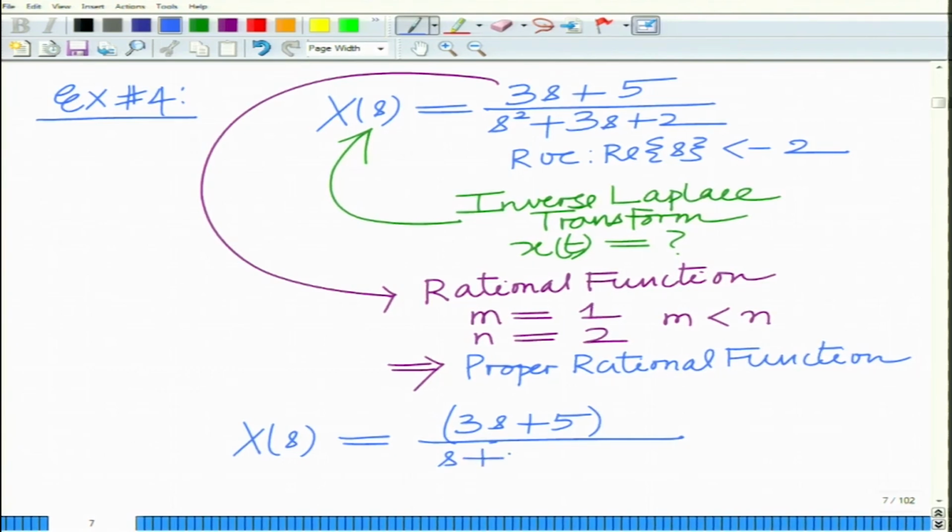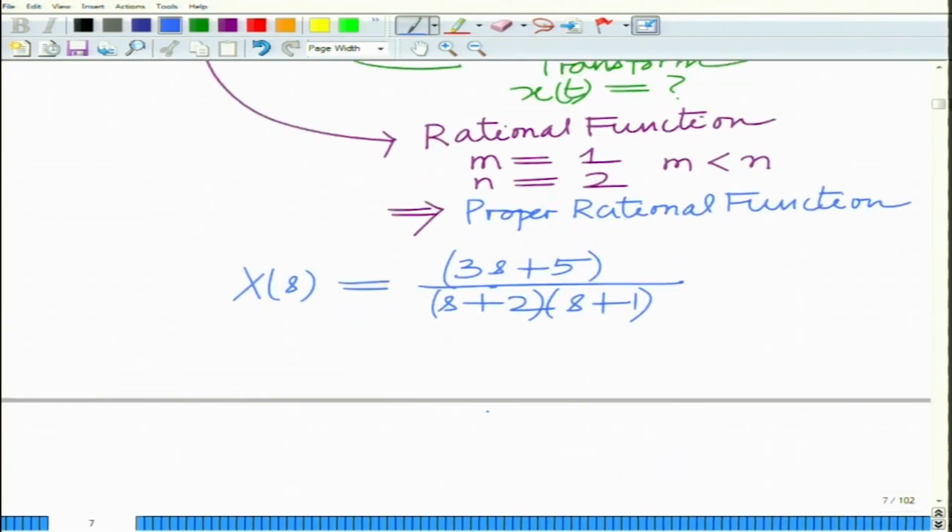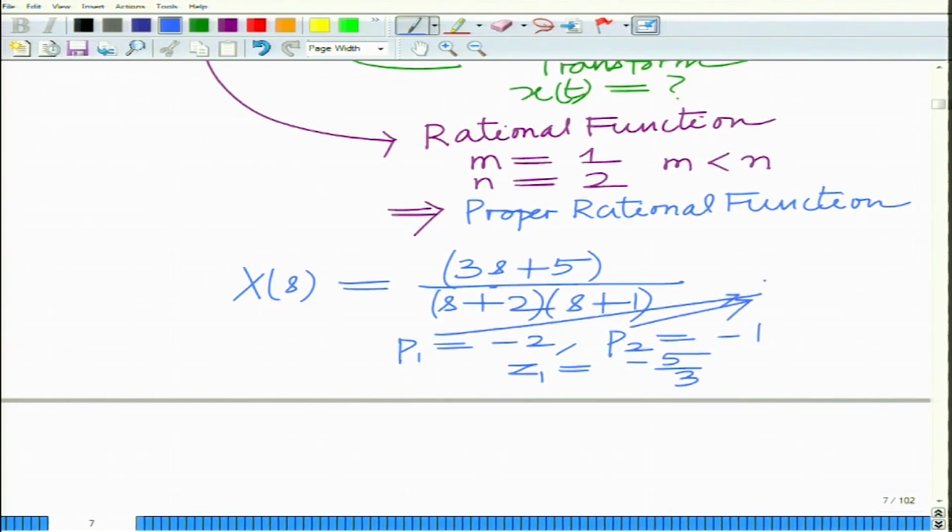Remember, the factors are s plus 2 and s plus 1, and therefore the poles are P1 equals minus 2, P2 equals minus 1. In fact, the zero: 3s plus 5 equal to 0, so the zero is minus 5 by 3. So, these are the poles of the rational transfer function.